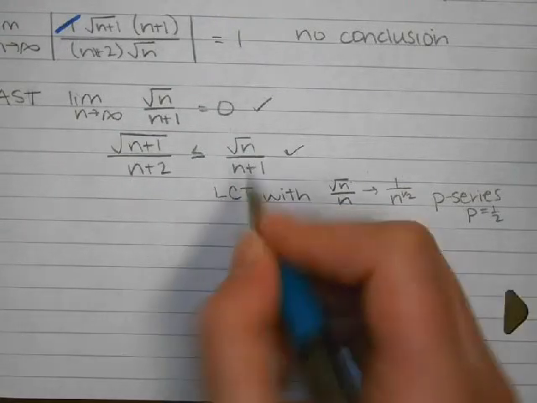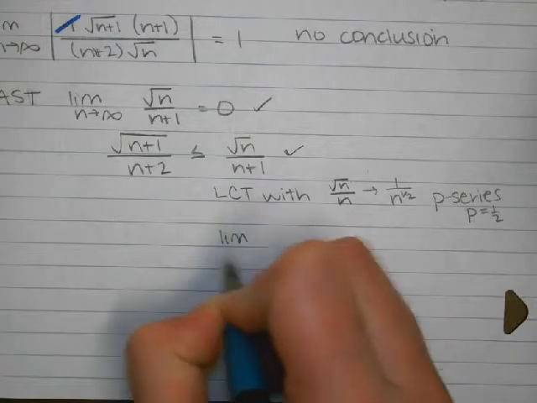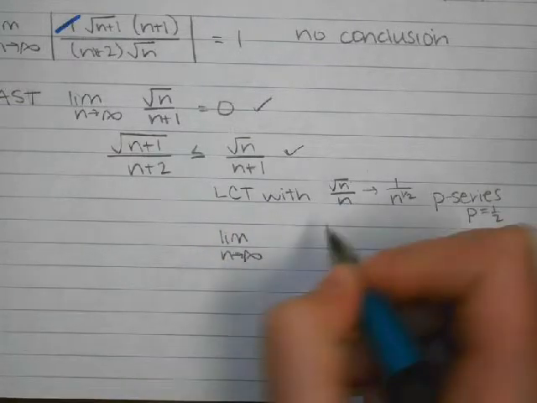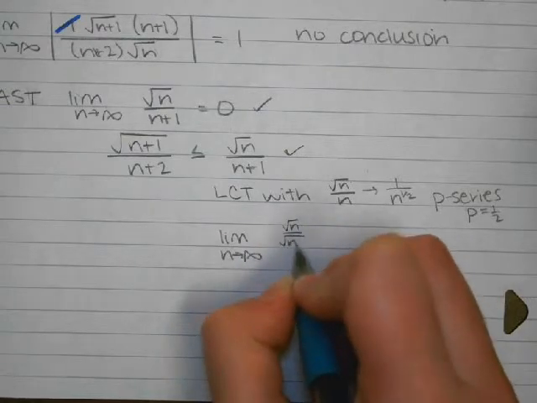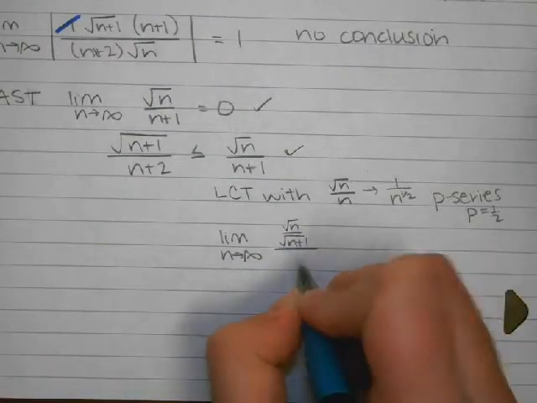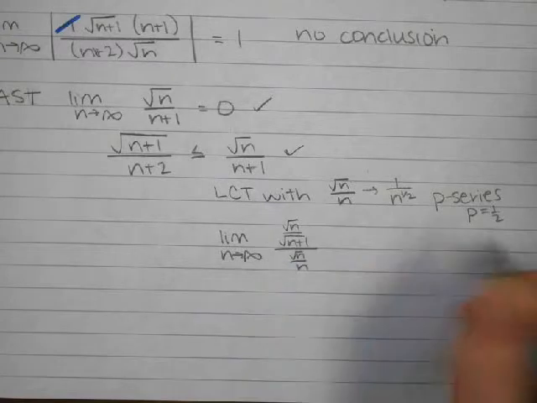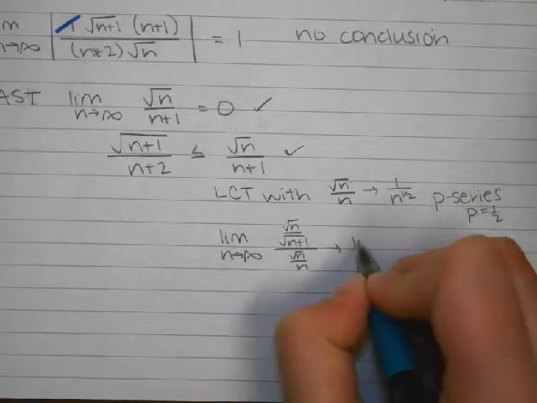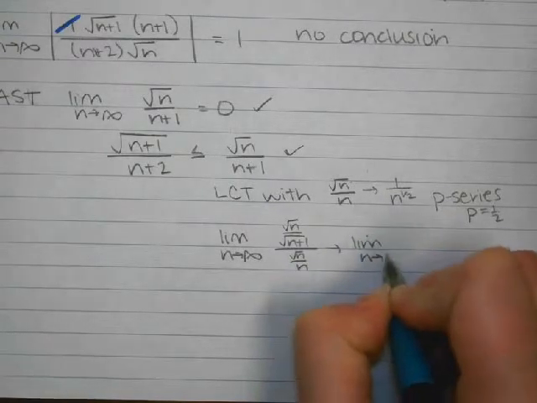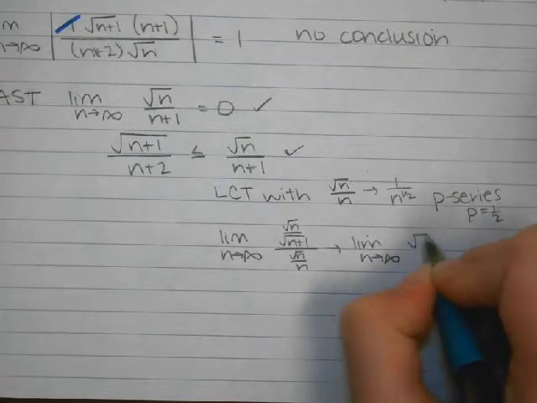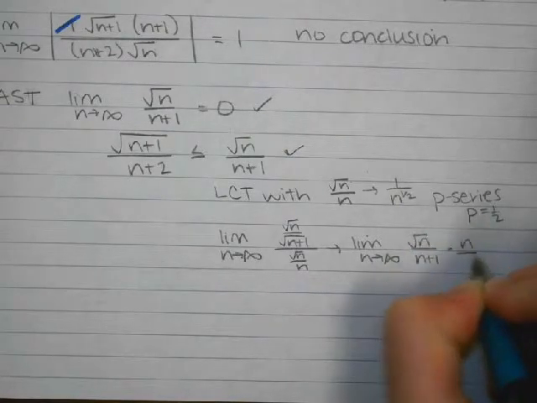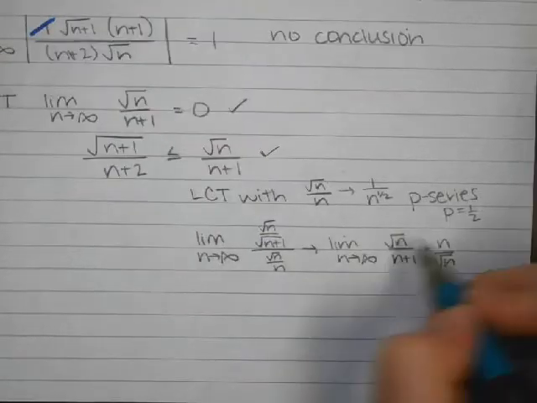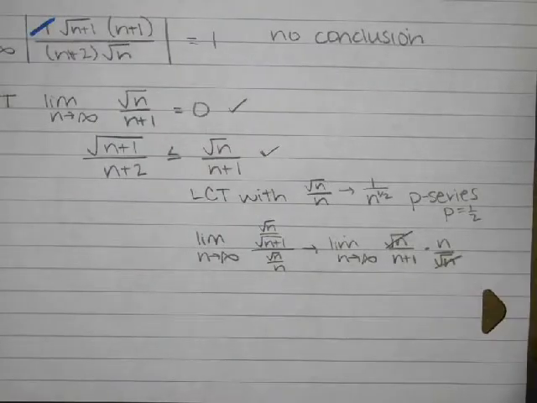So now I'm going to go ahead and do the limit as n goes to infinity of the square root of n over the square root of n plus 1 divided by the square root of n over n. And so that's the limit as n goes to infinity of square root of n over n plus 1 times n over the square root of n, and those cancel.